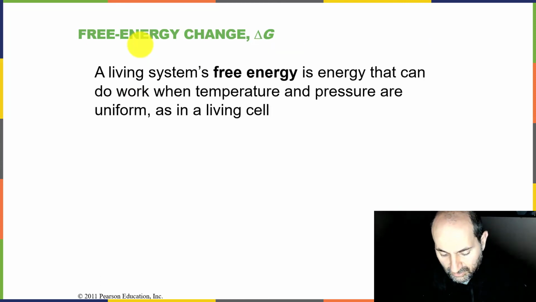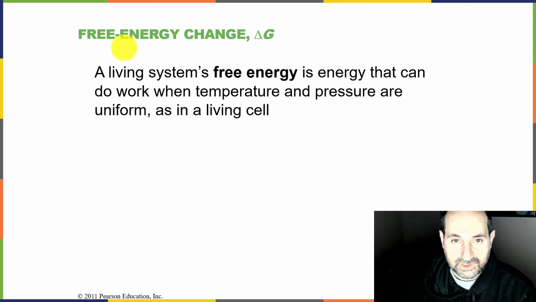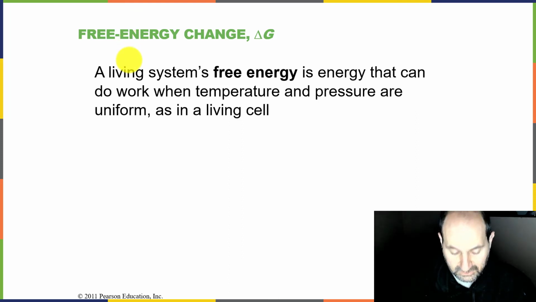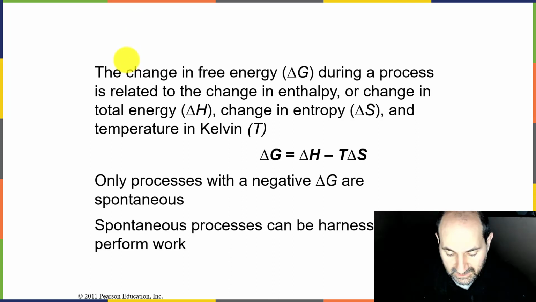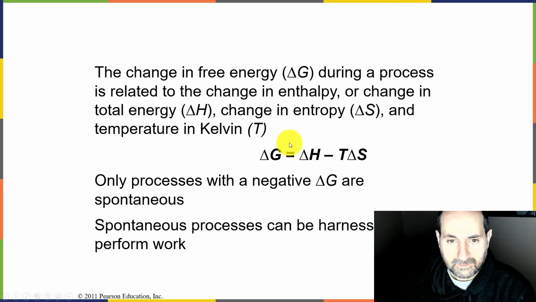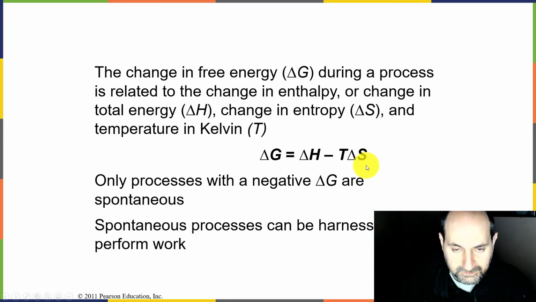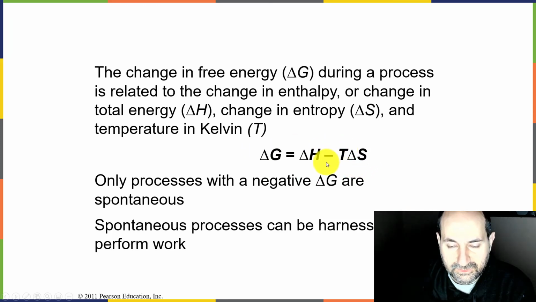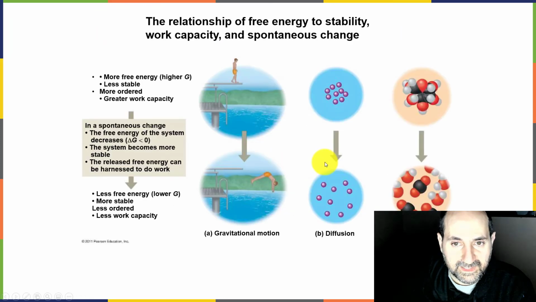Next, we talked about free energy. Do you remember the units for free energy? G. Remember capital G for Gibbs free energy. All right. Now, we don't need to know the equation for Gibbs free energy for this class, 1408, so I'm going to skip that.